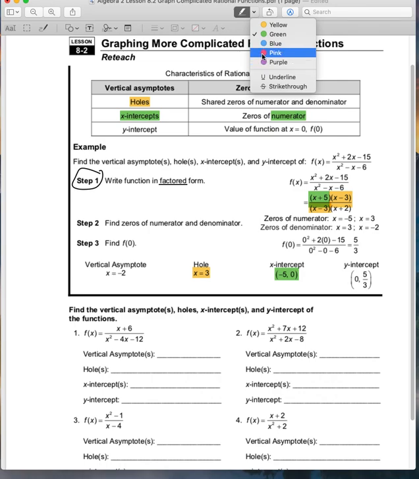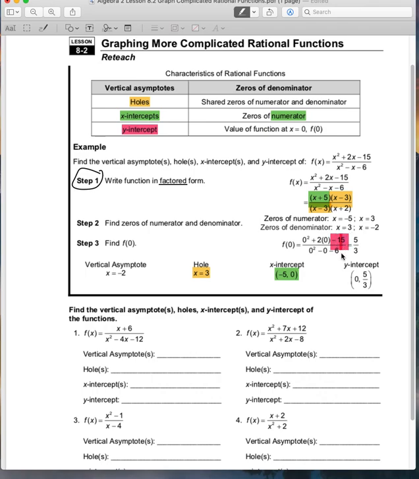Okay, the y-intercept then, I'm going to give it the pink color, and it shows up when we put 0 in for x. So if 0's in for x, all that's left from the two polynomials are the constants here.